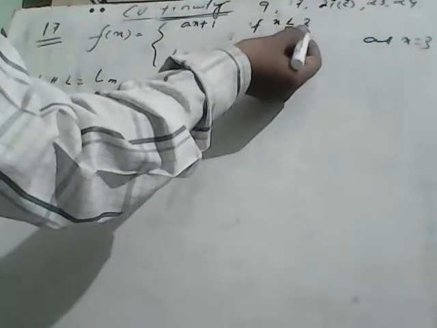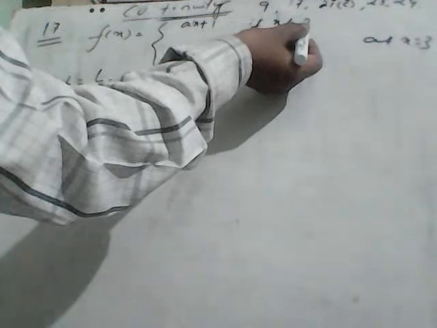See now, the left hand limit, that is the limit as x approaches 3 minus of f(x). When x approaches 3 minus, x is less than 3.